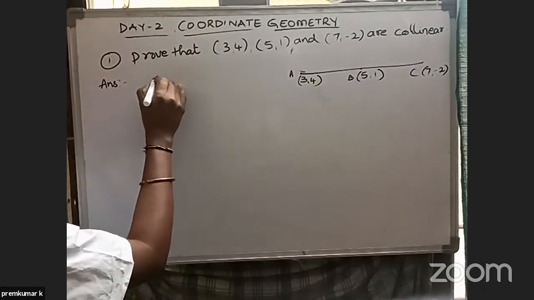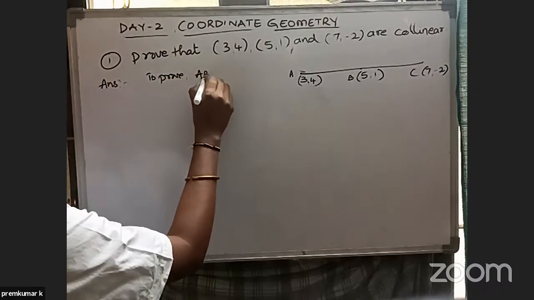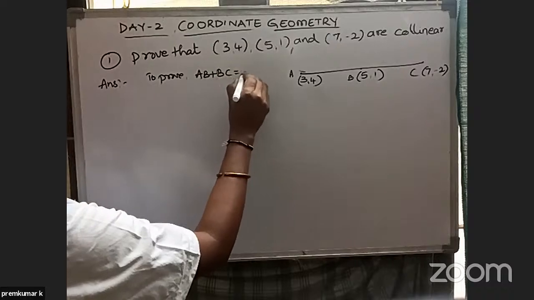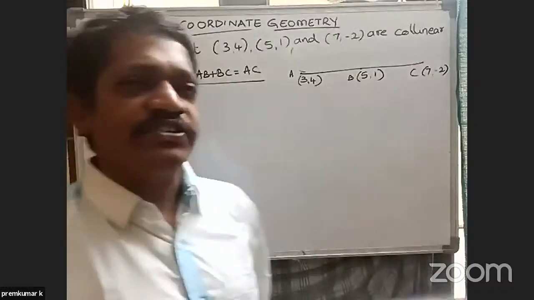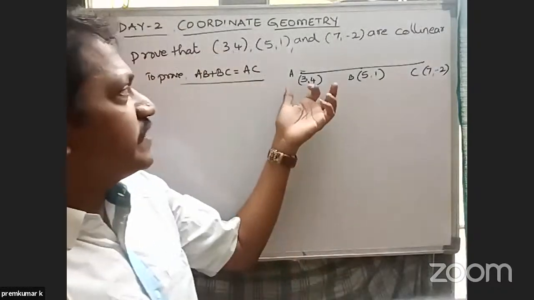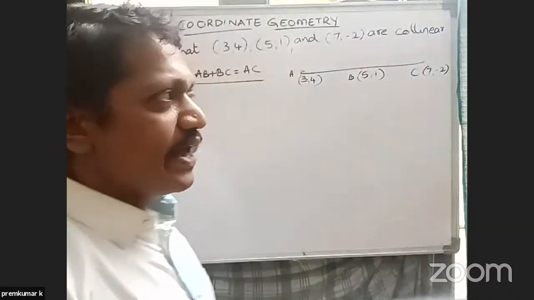We have to prove AB plus BC is equal to AC. If this condition is satisfied, then we can say that the three given points are collinear.